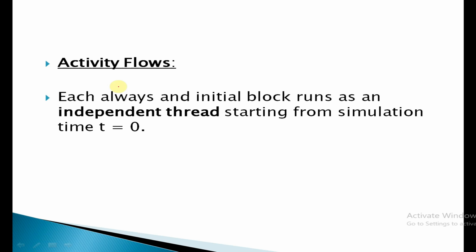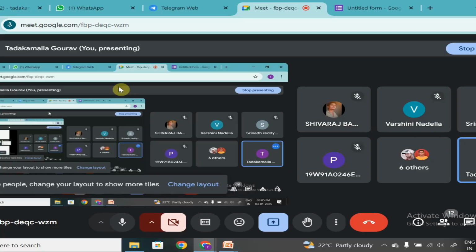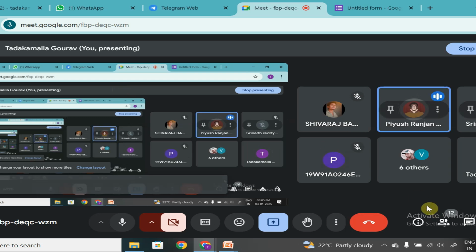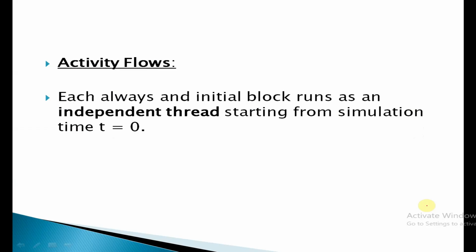Up to here, are there any doubts or queries? Everything is clear, right? Sir, what is the meaning of independent thread? Yes. If there is one always block and an initial block declared like this, this is one thread and this is another thread.